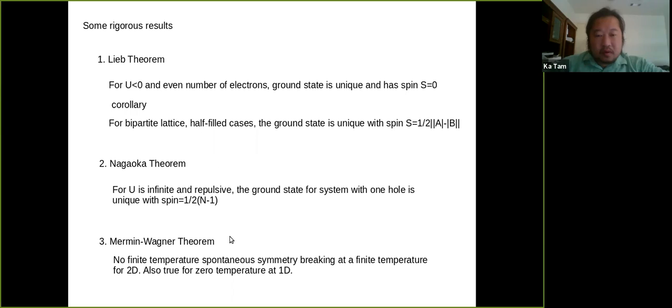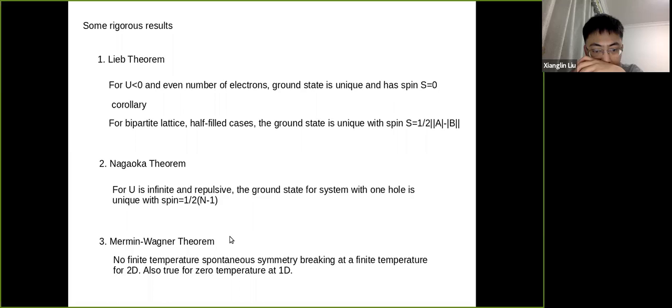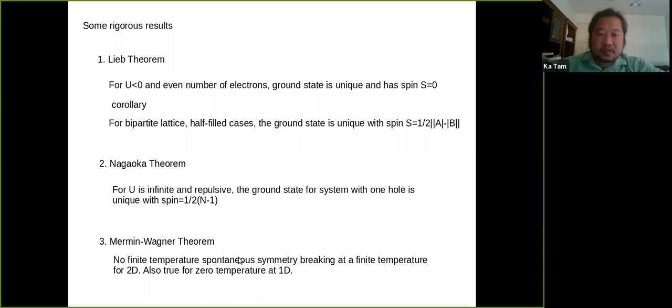Another theorem, which has also been proved rigorously, is the Mermin-Wagner theorem. It is in general true for most cases, but it is proved with mathematical rigor for the Hubbard model. It basically says there is no finite temperature spontaneous symmetry breaking in 2D, and this is also true for 1D at zero temperature.